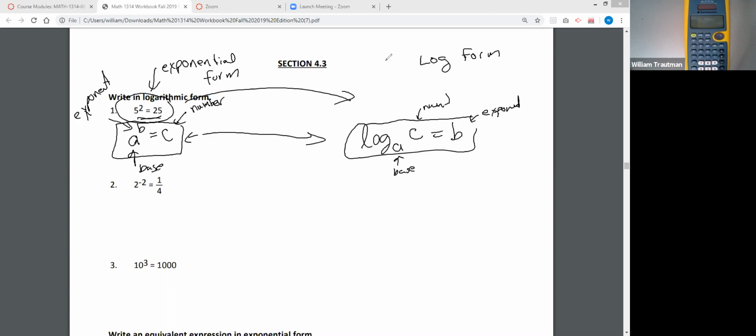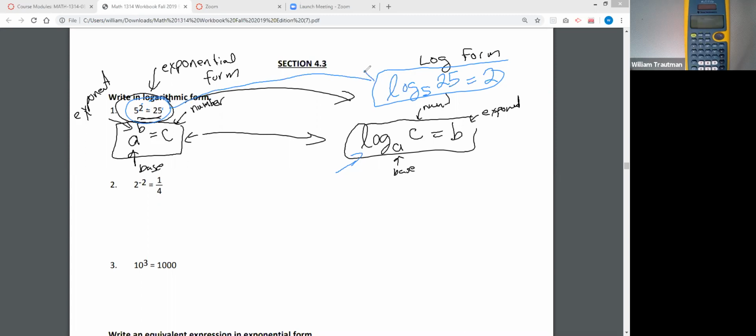Let me change my color. In other words, we're just going to make it look like this. We're going to put a log in here. The base is 5. The answer is 25, and the power is 2. So 5 to the second power equals 25. That's called exponential form.